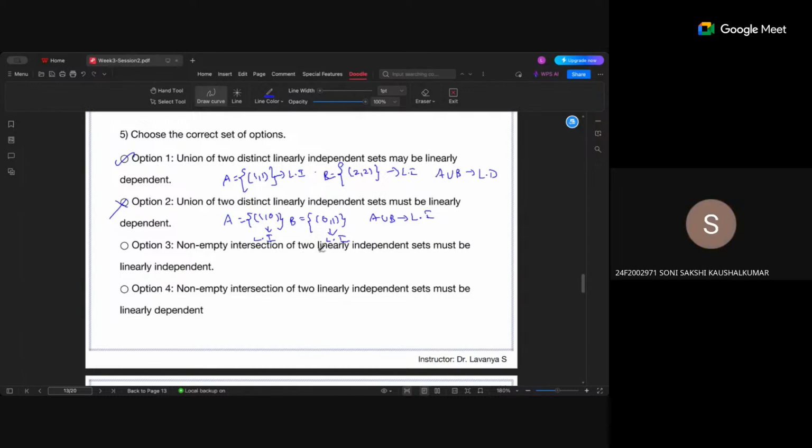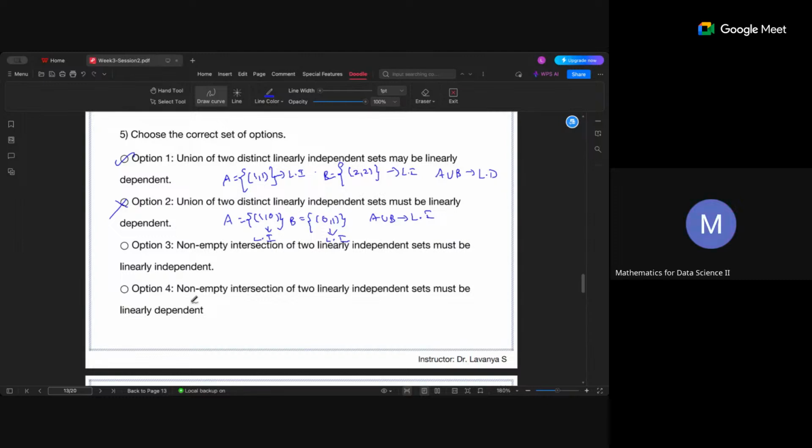Any questions? Okay. Non-empty intersection of two linearly independent sets must be linearly independent. Now we are talking about intersection. Is that true or not?